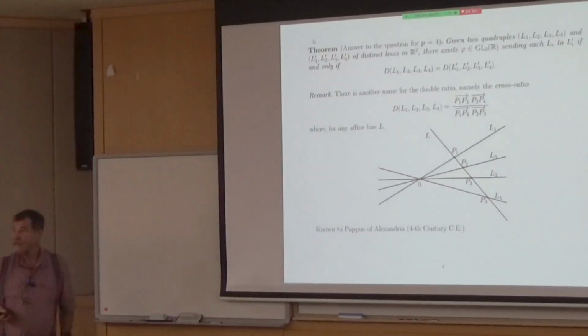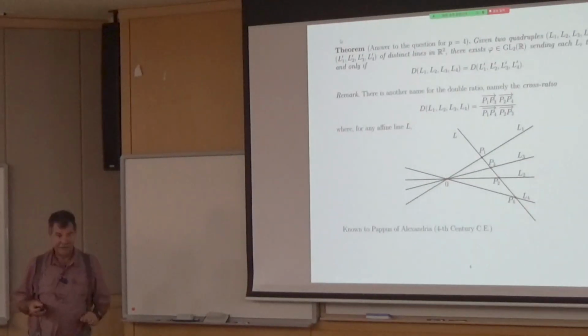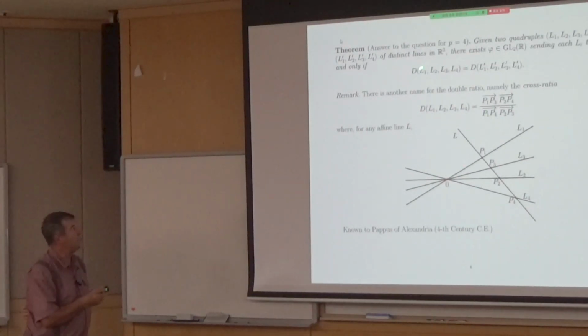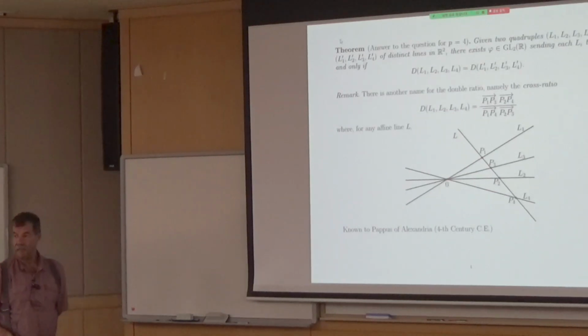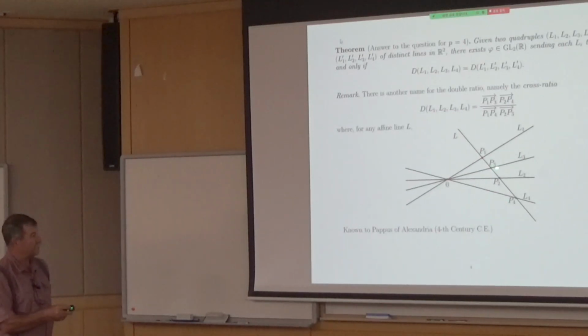And I would like to say that it's so simple that it's very old. There is a very old name for this double ratio. So you have 4 lines here. That's L1, L2, L3, and L4. And then I'm going to take an affine line. So previously, these were lines as vector spaces, so they're all going through 0. Now I take a line that does not pass through 0, and I look at the intersection points.